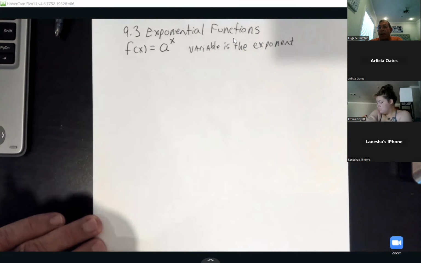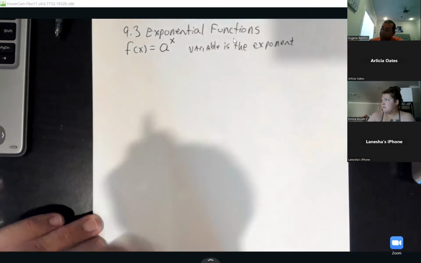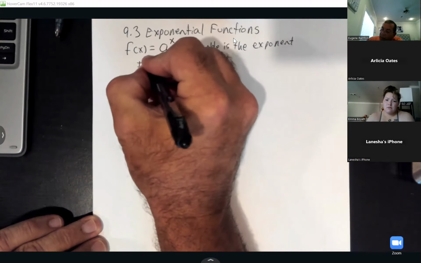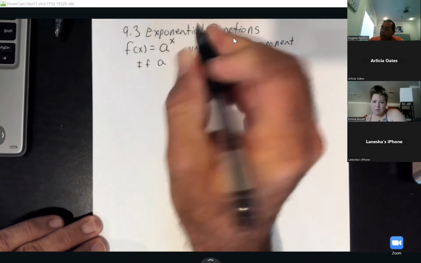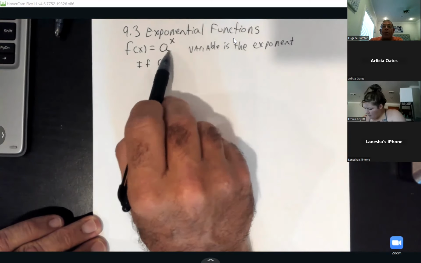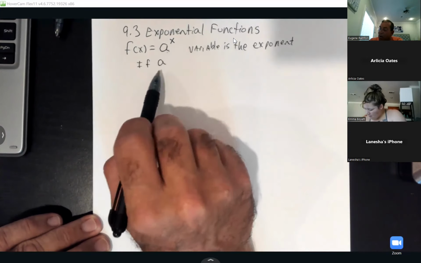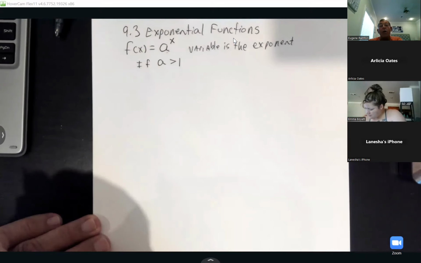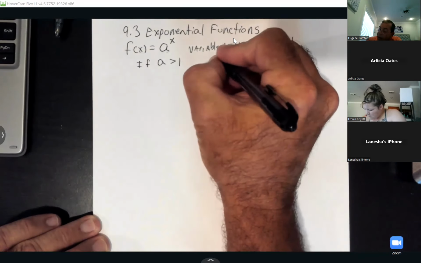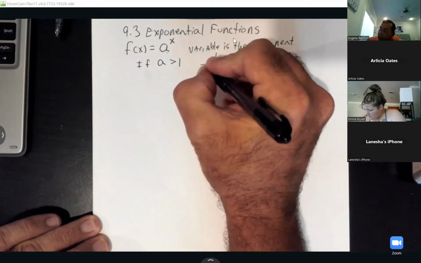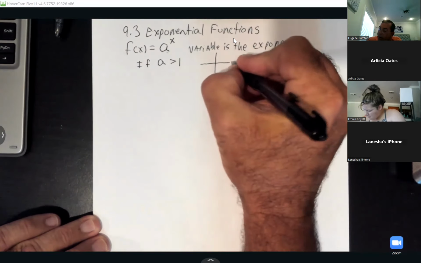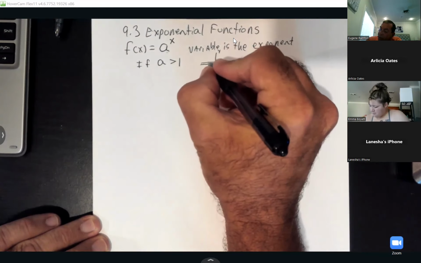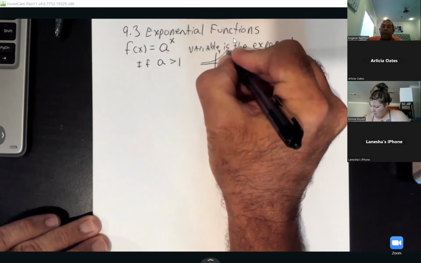So a few things about exponential graphs. If the number being raised to the exponent, the a, is greater than 1, then the graph is going to go uphill to the right.